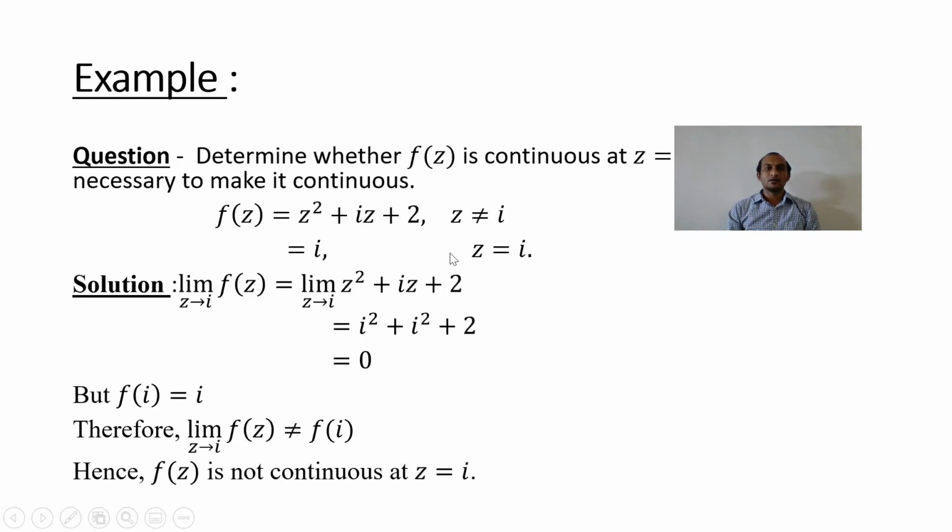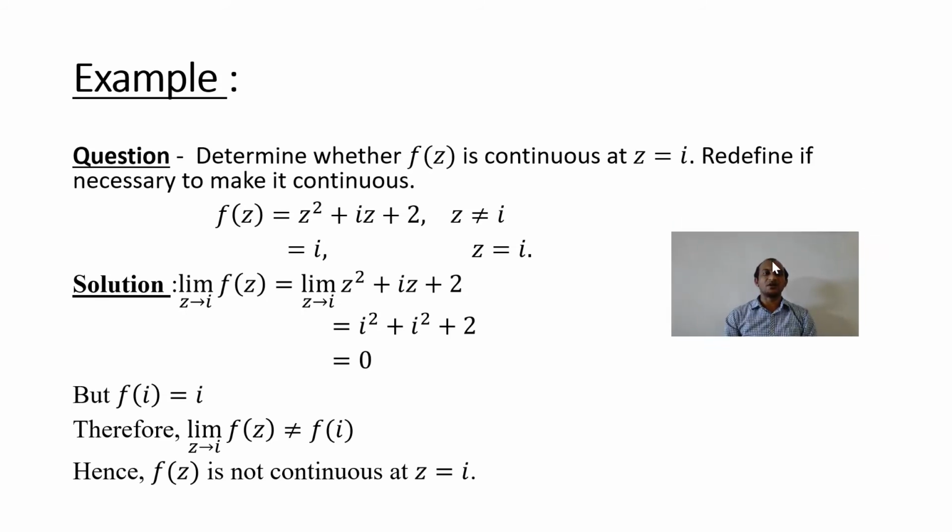Next, an example of this continuous function. Determine whether f of z is continuous at z equal to i, and redefine if necessary to make it continuous. If the function is not continuous, then redefine it so it becomes continuous.